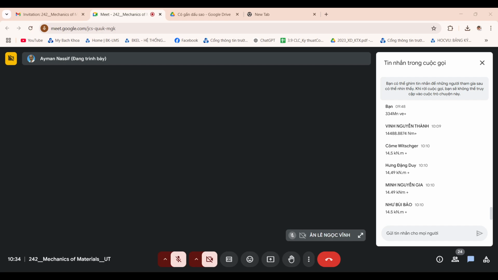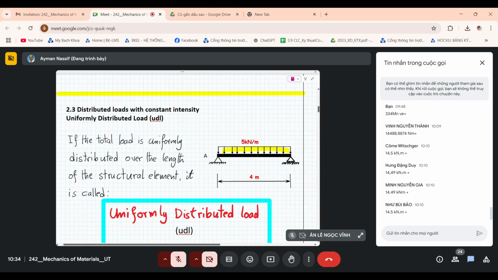So as engineers in the office, we say, oh, what is the value of the UDL here? So the UDL is a constant intensity or uniform intensity distributed load over the length of the structure element.